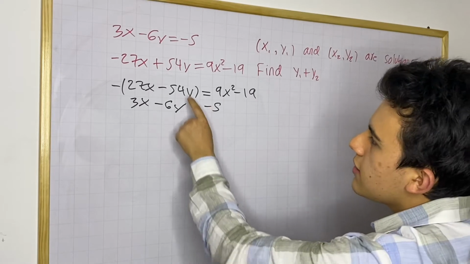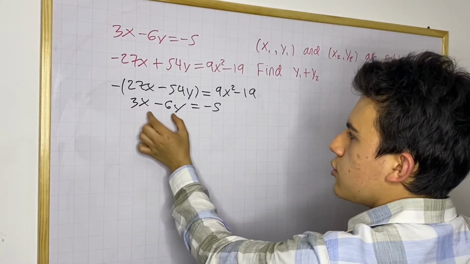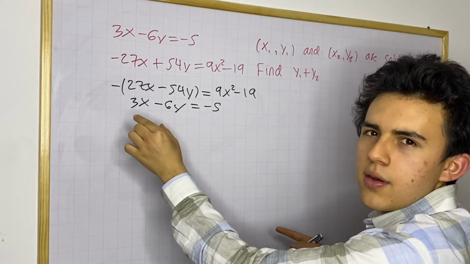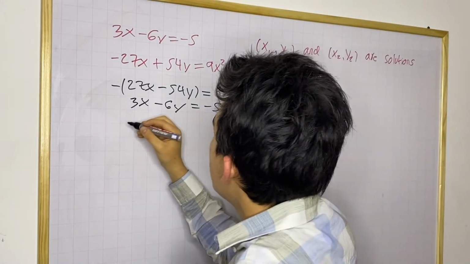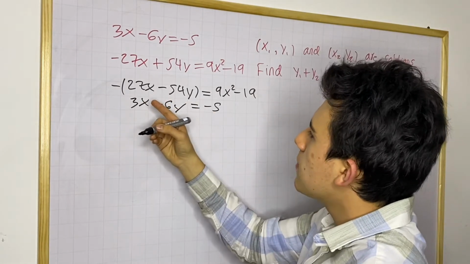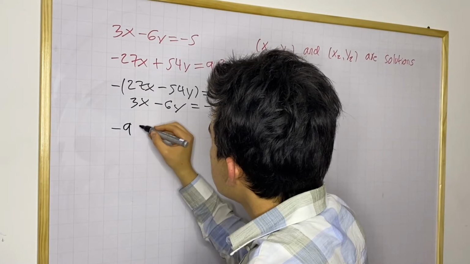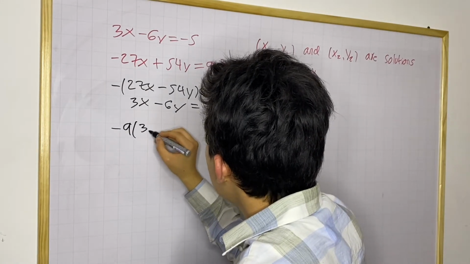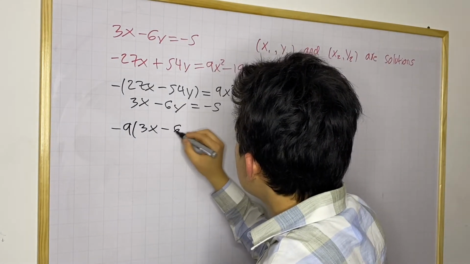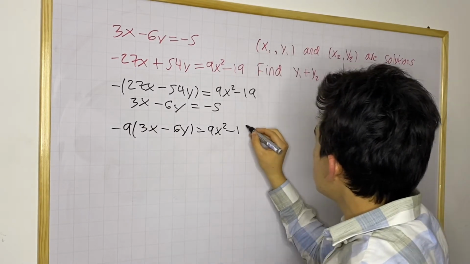So that means we can factor out -1 from there, and then we're going to get back to these numbers that we have right there. Let me show you what I mean. If we take out -9 from 27 and 54, we're going to get -9 times 3x minus 6y, and this is equal to 9x squared minus 19.